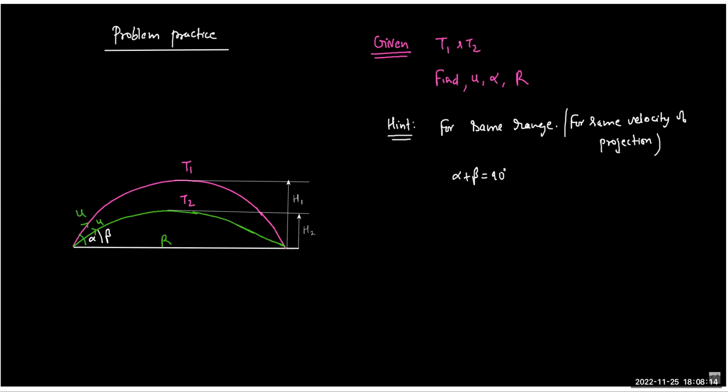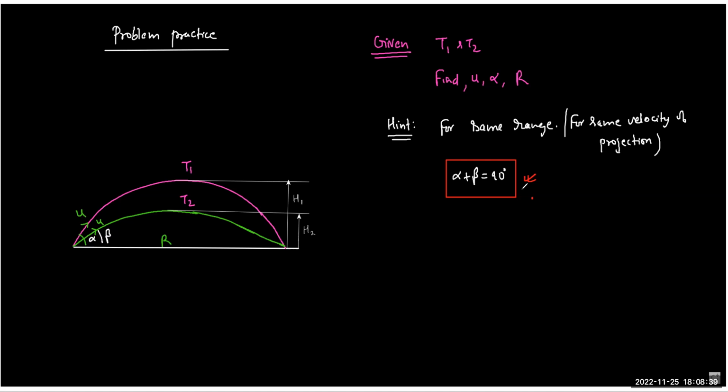This is what we studied in the last lecture, right? So if the sum of the angles is 90, then they will traverse equal range. So for the same range, alpha plus beta is 90. This is the condition you need to remember. And using this fact, you can derive the answer.